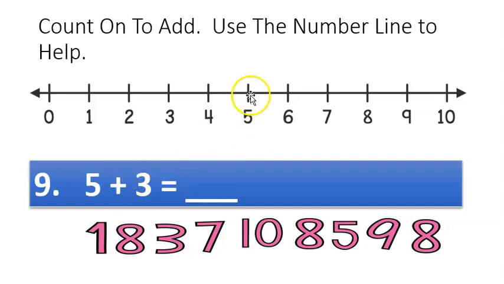Now let's come back here to 5. Let's add on plus 3. Here we go. Count with Mr. Begay. 1, 2, 3. So what is our answer, boys and girls? 8. So Mr. Begay is going to get 8, and I'm going to insert it into our answer there. Now our addition equation reads 5 plus 3 equals 8.